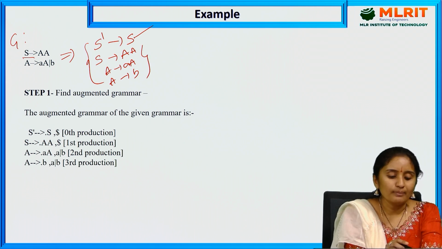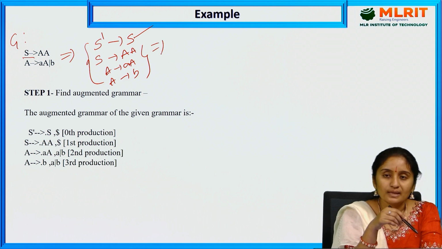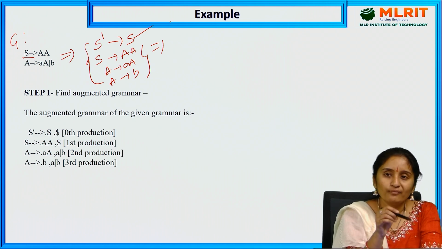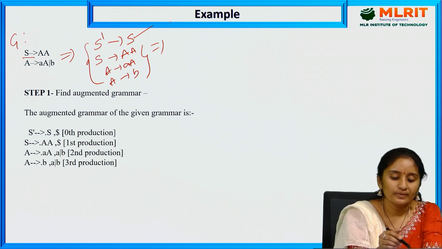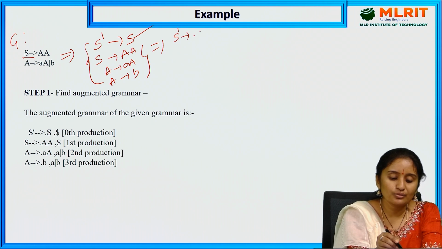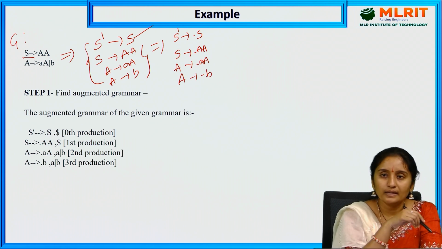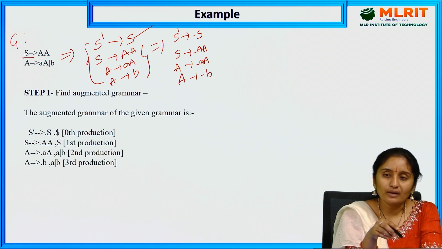Now, after completing the augmented grammar, step 2 is to write the dot before each production: S dash tends to dot S, S tends to dot AA, A tends to dot aA, A tends to dot b. Why are we copying all this?